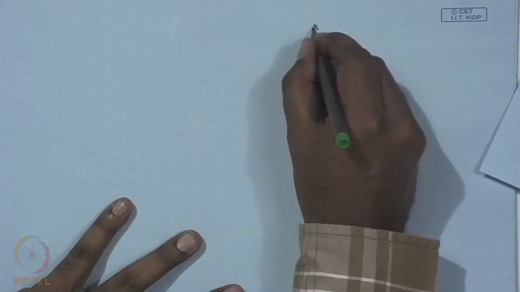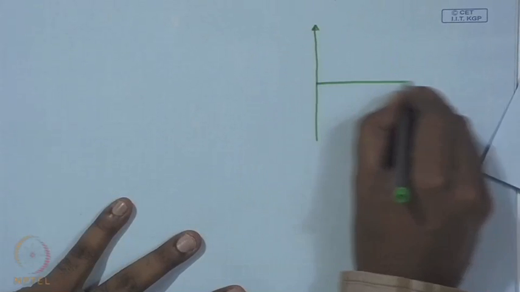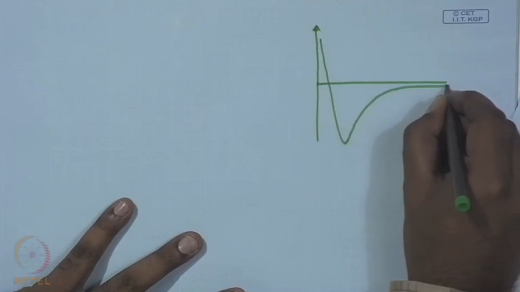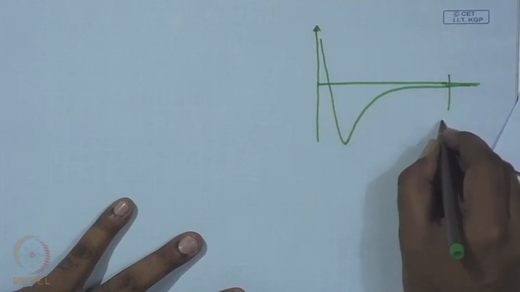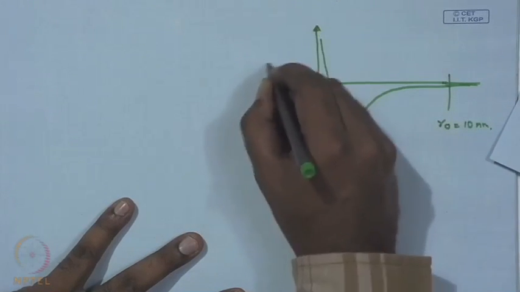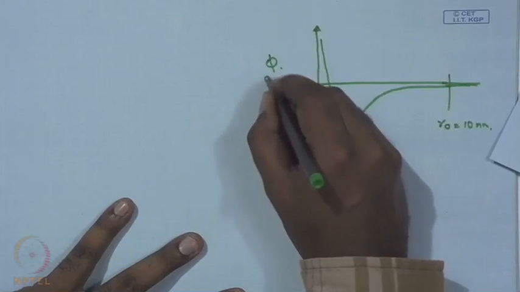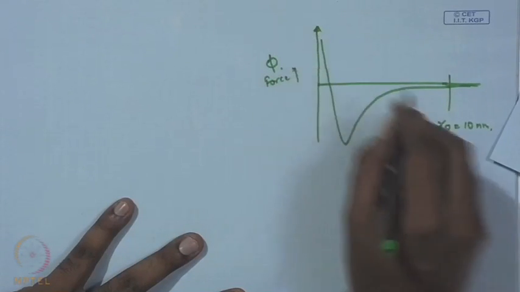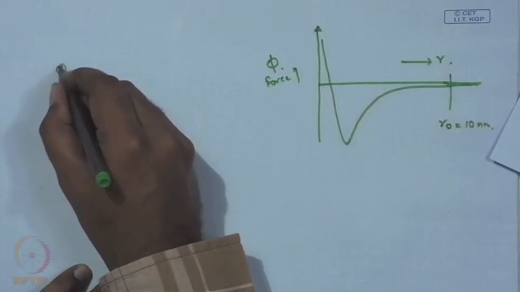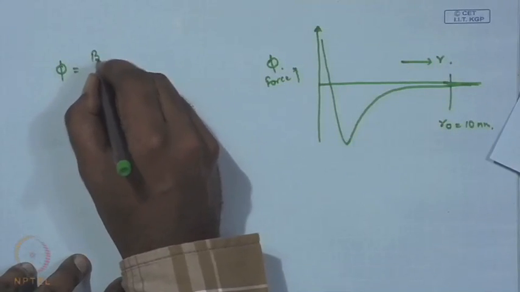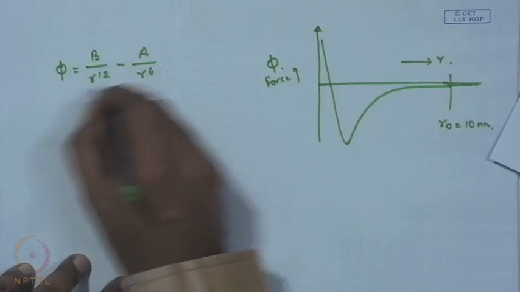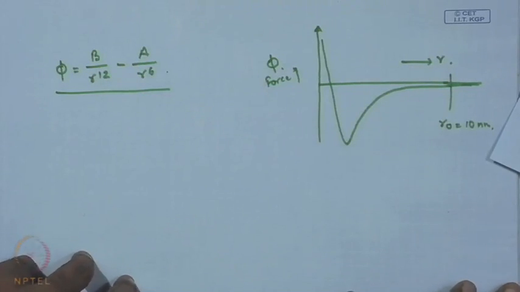So, I will probably rewrite it. Here is the potential curve. Let us say this is the limit, 10 nanometer or whatever. This is phi, the potential, and this is r, the separation distance. If you have a potential like this, there can be three situations.